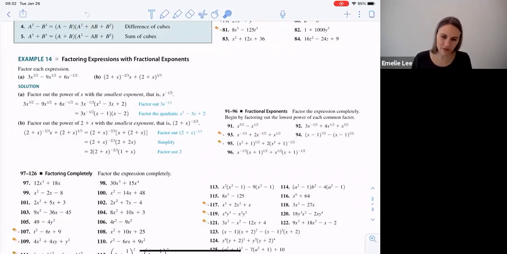So to factor fractional exponents is not different than just factoring in general. We'll still only be able to extract a common factor of the lowest power of x, right? So whether that be fractions or not, that still applies.